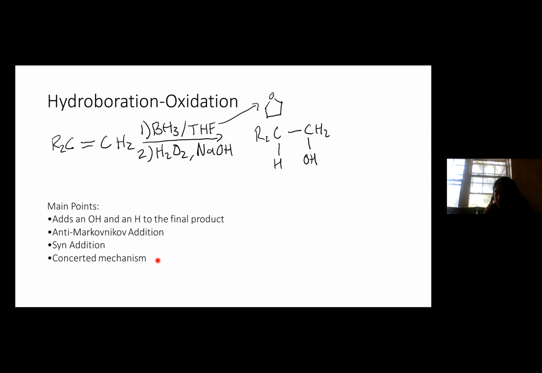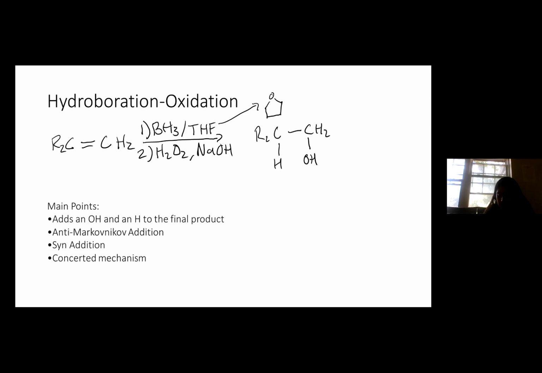So usually what that means, right, no carbocation intermediate, is that there's going to be no methyl or hydrogen shifts. So in these reactions where you have concerted mechanisms, you don't have to worry about there being a different product that you can create if you were to move something, because there's no carbocation, so you can't move anything. So this is a concerted mechanism.